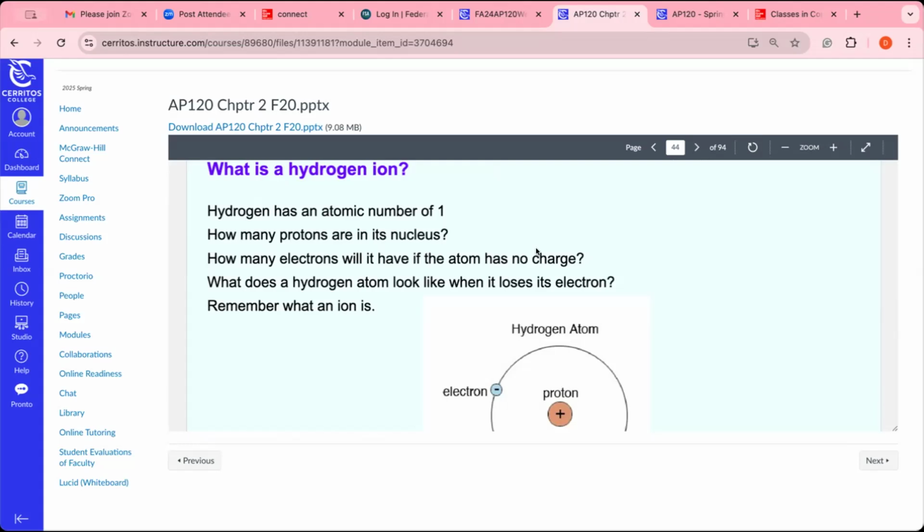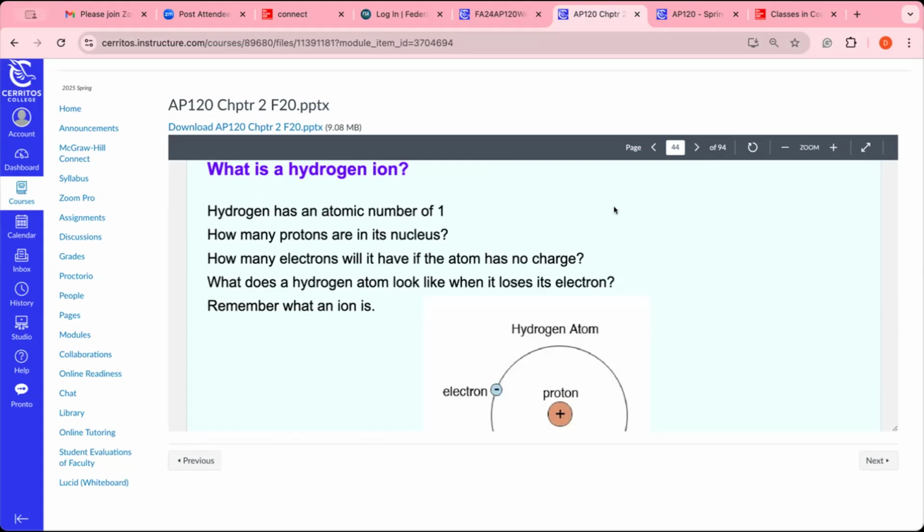The atomic number is the number of protons you have. So if I tell you the atomic number is 1, there's 1 proton in the nucleus, okay?